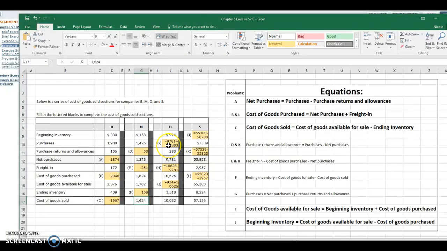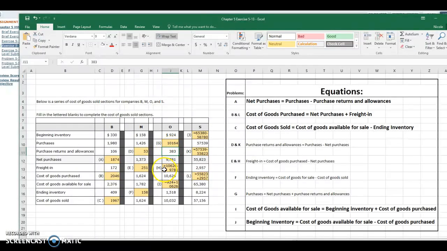For G, we need to find purchases, and for purchases, it is the net purchases plus the purchase returns and allowances. So we have our net purchases, which is 9,781, plus the purchase returns of 383, which gives us 10,164.